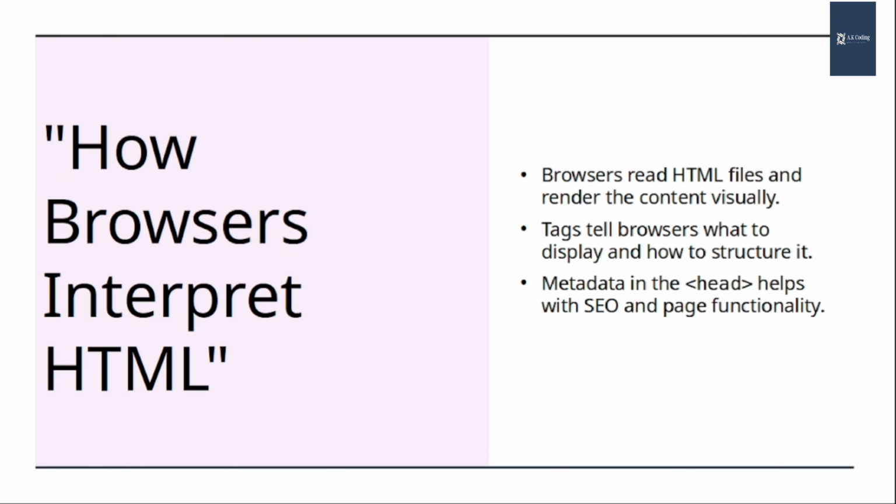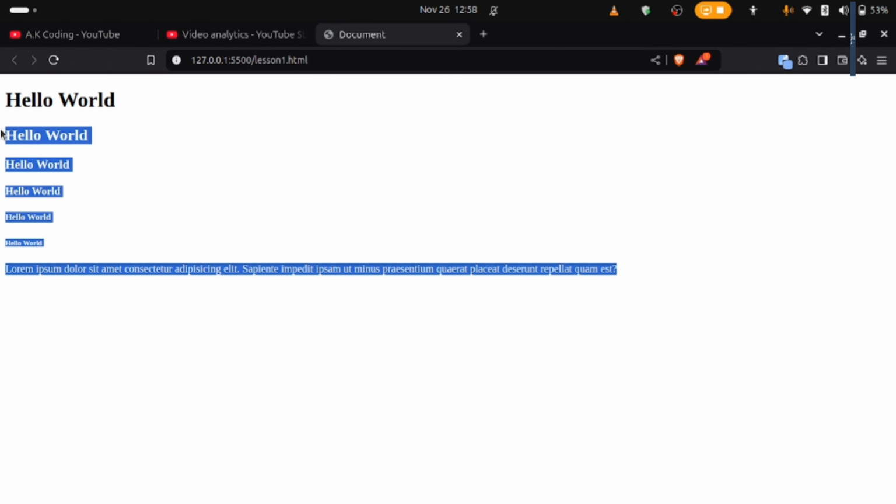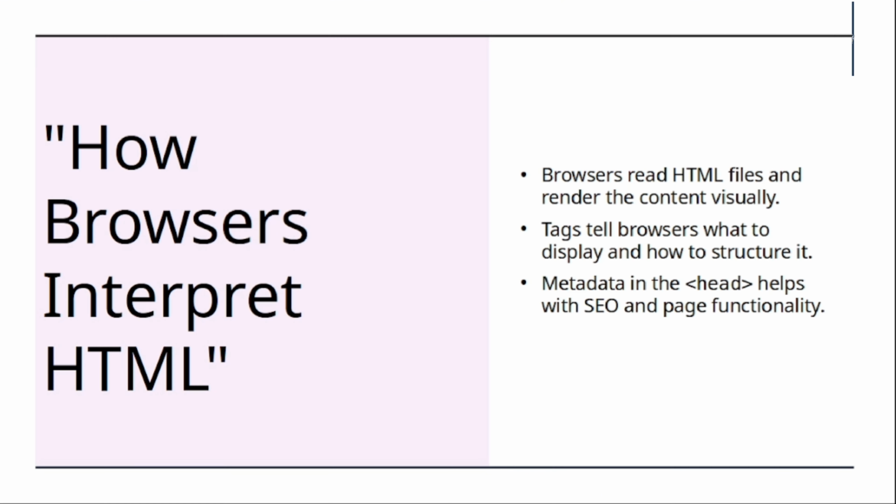So, how do browsers interpret HTML? Browsers read HTML files in order to render the content visually. As you can see, I'm using Google Chrome or Brave browser, and it is rendering my code and displaying the result in the browser. And we have tags which tell browsers what to display.